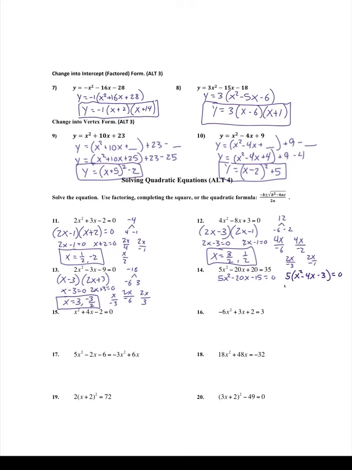This cannot be factored, so we're going to use the quadratic formula. A is 1, B is negative 4, C is negative 3. Plug those in and we get 4 plus or minus the square root of 4 squared minus 4 times 1 times negative 3, all divided by 2. We're going to simplify that.